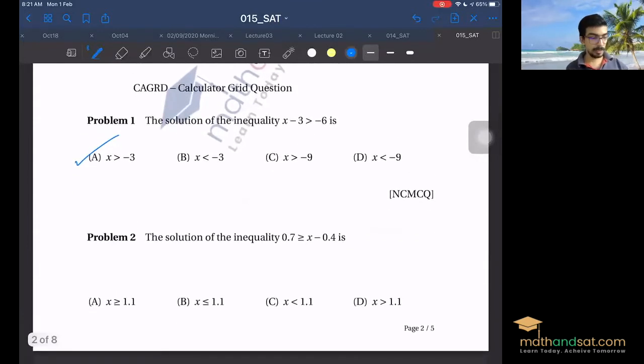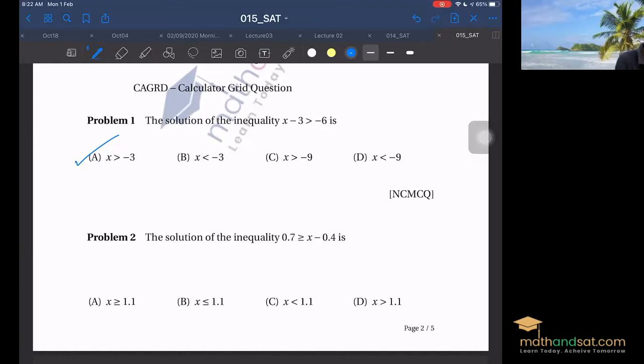Again, next question. The solution of the inequality 0.7 greater than or equal to x minus 0.4. So what do we do? We add 0.4 on both sides of the inequality.